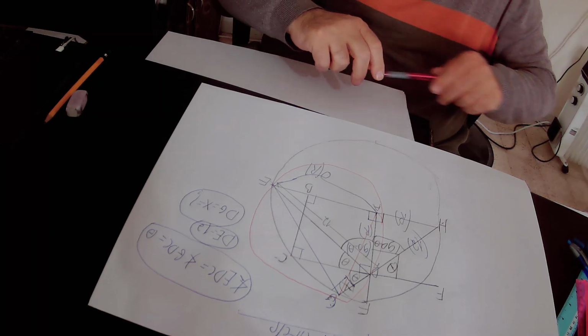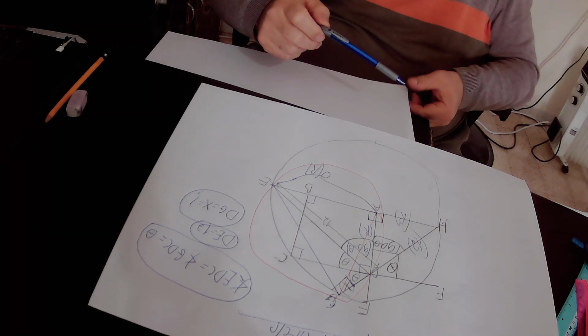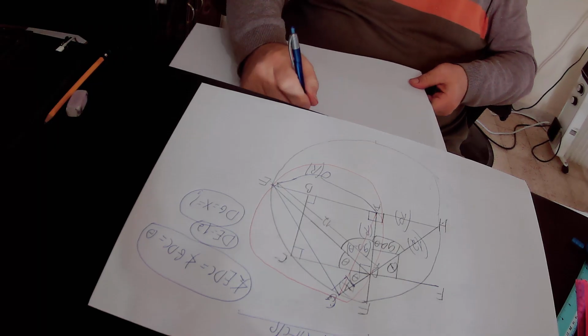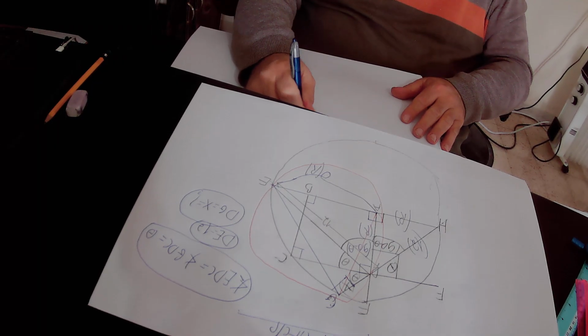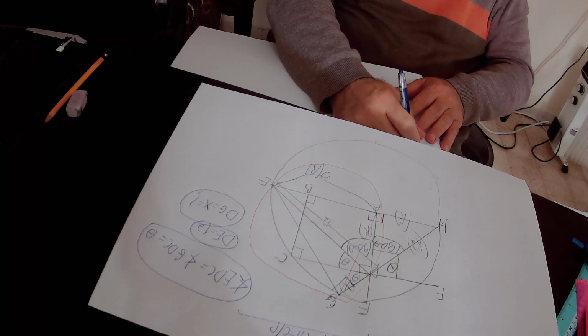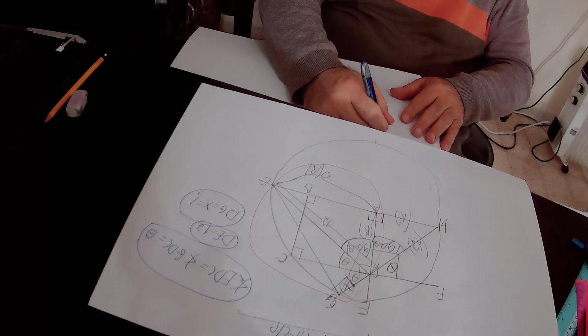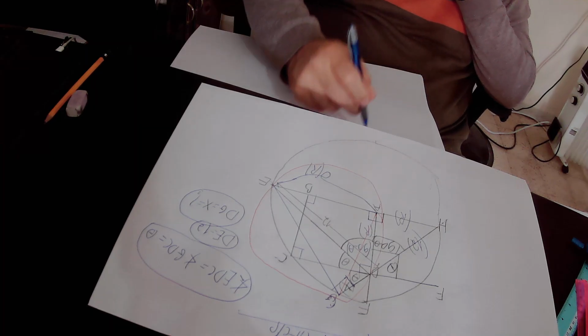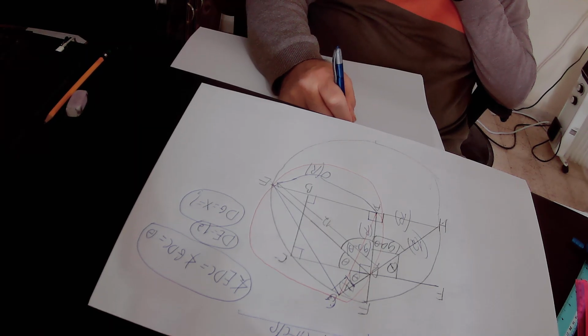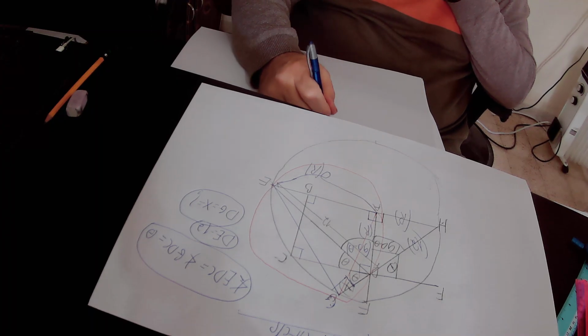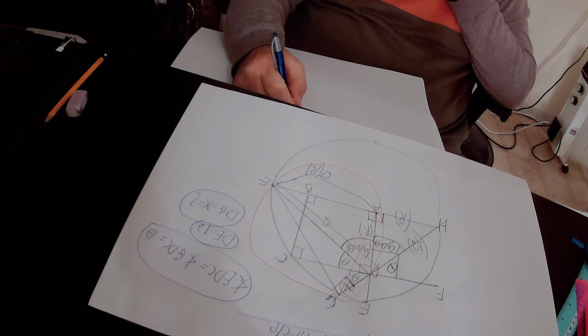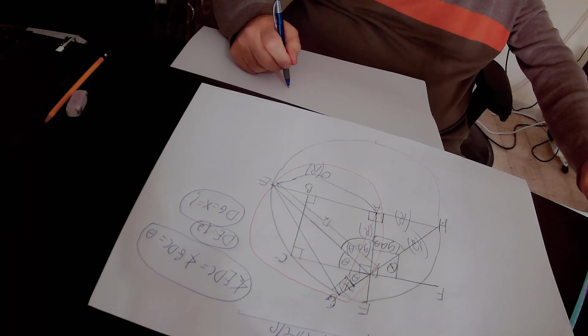So I write it down: HD times HG is equal to HA times HE. Repeat again.